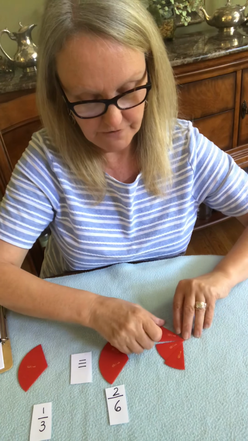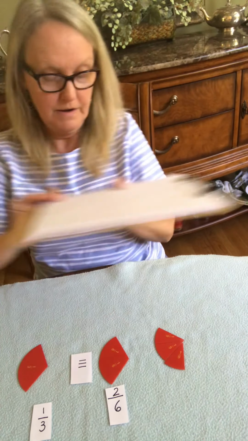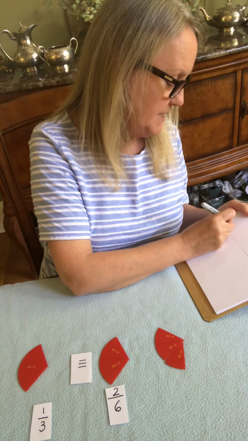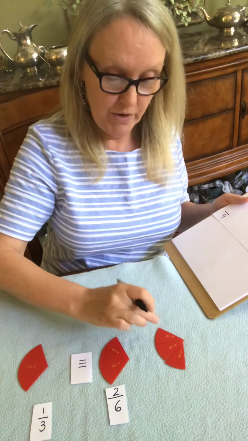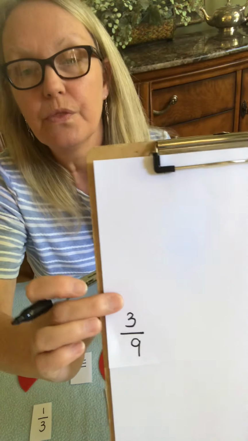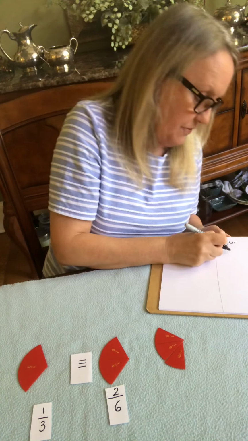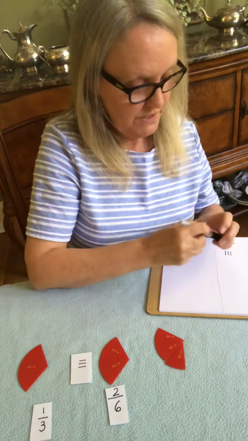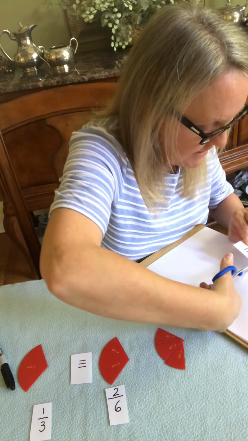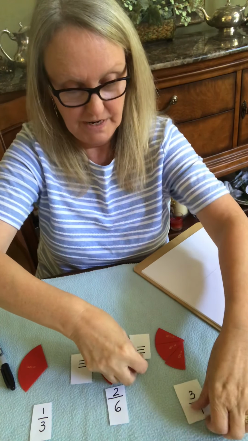Okay, so we have 9 for our denominator. The denominator is the number down on the bottom, and that means it takes 9 pieces to make the whole circle. And we have 1, 2, 3. Our numerator tells us how many pieces we have: 3 members of the family of 9, or 3/9. And we're going to say that 3/9 are equivalent to 2/6 and also to 1/3. So I'm going to cut out my little tickets here and put our equivalence sign.